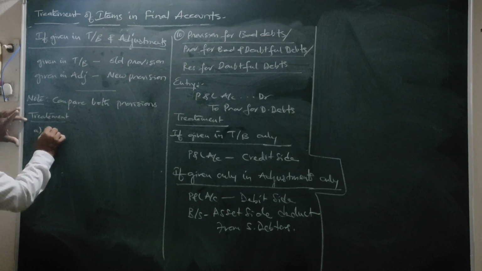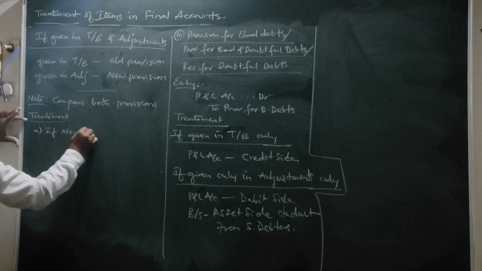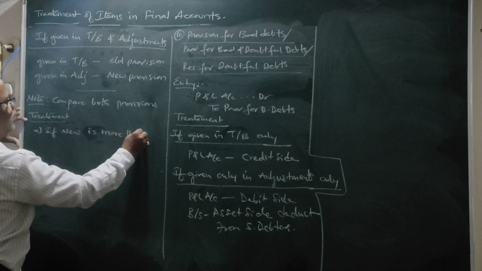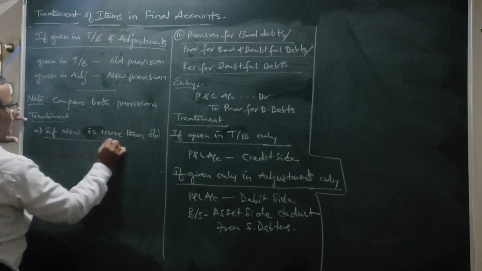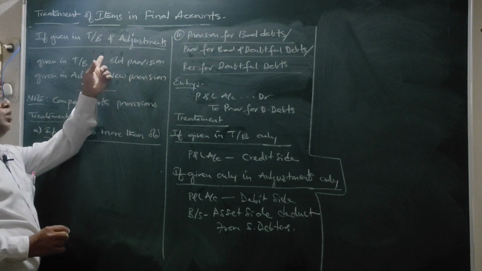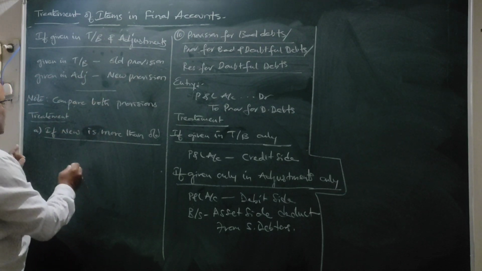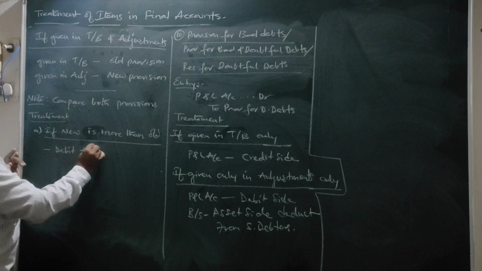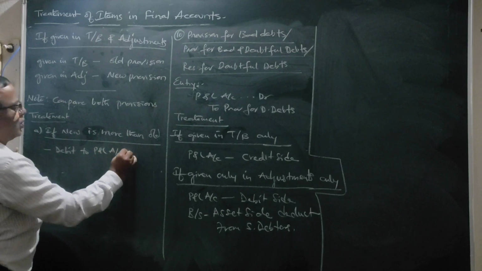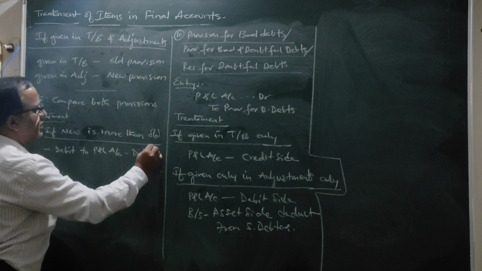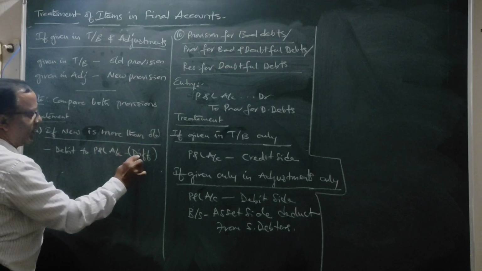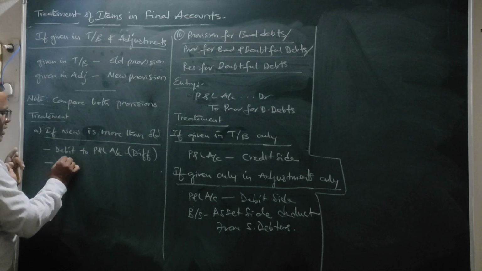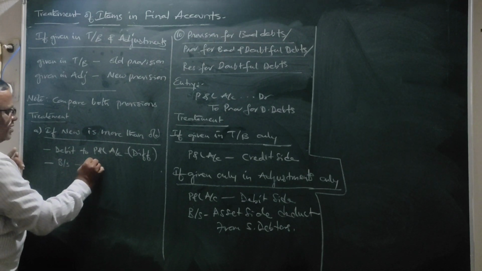See, A, if new is more than old, that means if the new provision is more than the old provision, at that time what treatment are you going to give? Debit to profit and loss account. What are you going to debit? The difference between the old and the new, whatever difference is there, that amount you are going to debit to profit and loss account. And another treatment here is balance sheet asset side.